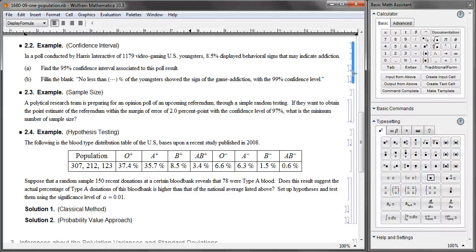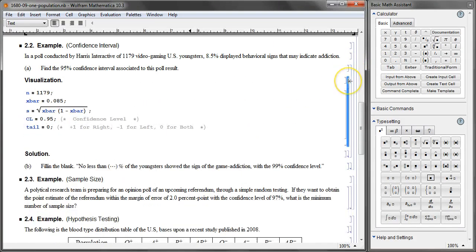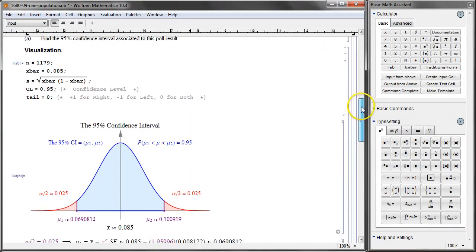Well, the best point prediction is, of course, the poll result, 8.5%. So that goes right in the middle in a normal picture, like this. And 95% in the middle, which is represented in blue in this picture, and consequently 2.5% to the left, and another 2.5% to the right.